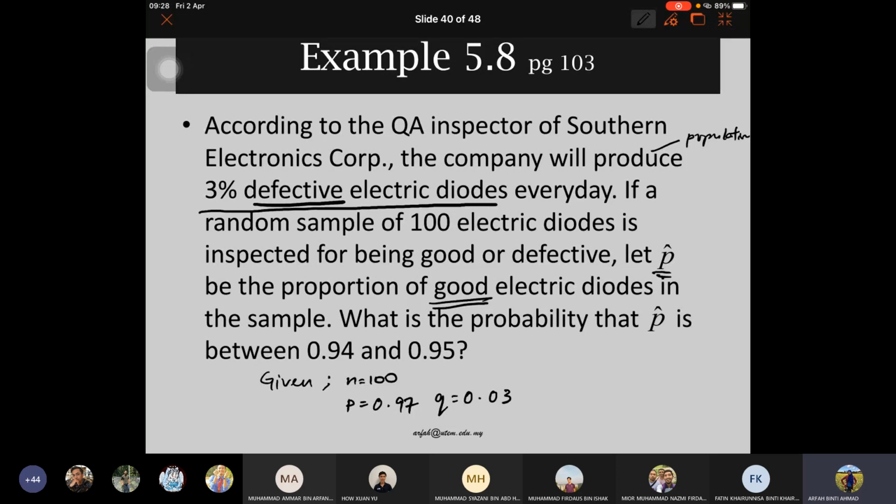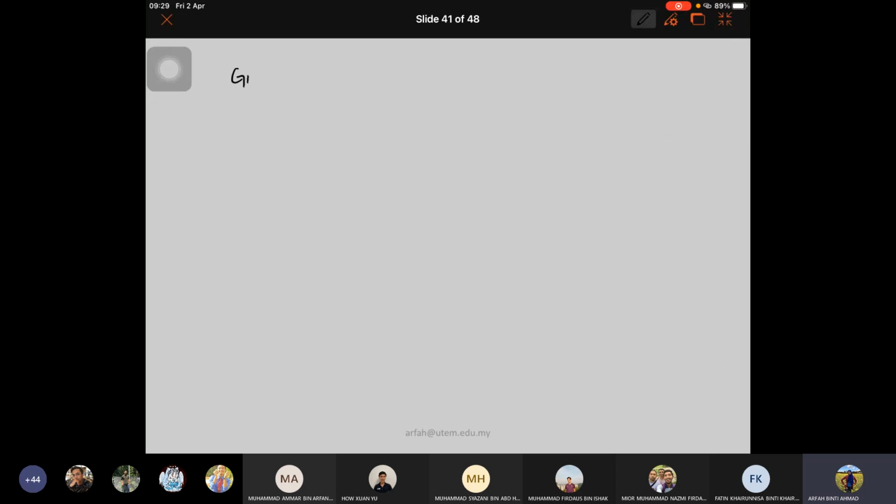So question A: the probability that P hat takes a value between 0.94 and 0.95. Try solving this.